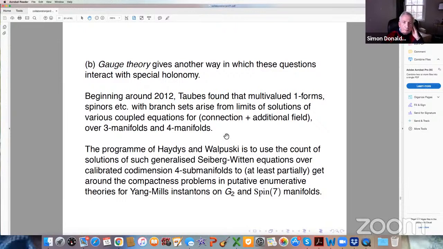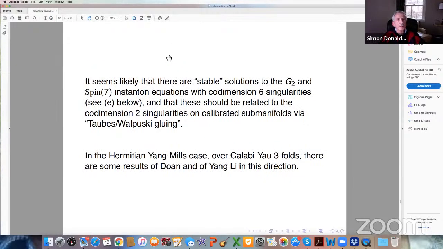Then there's a program of Haydys and Walpuski, which we discussed many times in our collaboration, to use a count of solutions of these generalized Seiberg-Witten equations over 3 manifolds and 4 manifolds to give a counterterm to get over the compactness difficulties involving enumerative theories for Yang-Mills instantons on G2 and Spin(7) manifolds.